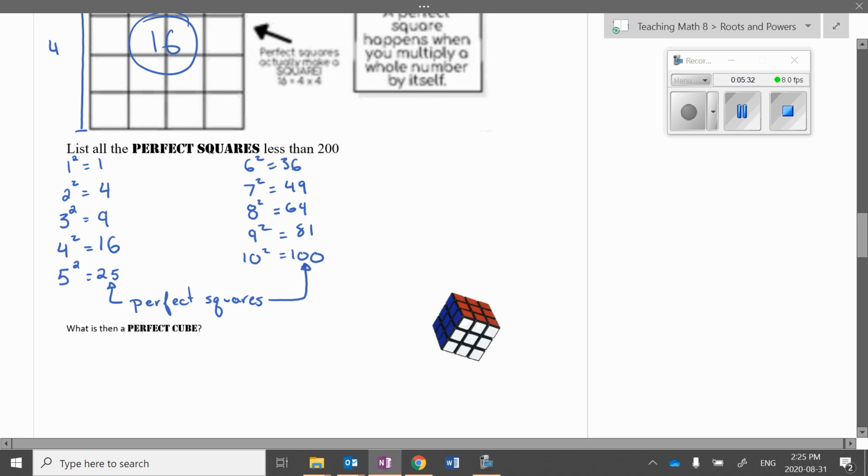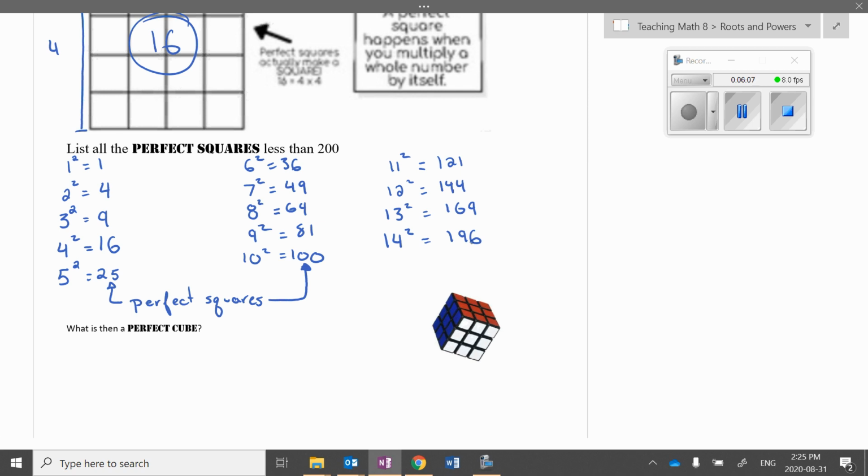So again, the second column is our perfect squares. 11 squared is 121. 12 squared is 144. 13 squared is 169. 14 squared is 196, and that's going to be our last one, less than 200. Really, I expect you to know less than 100, those perfect squares.